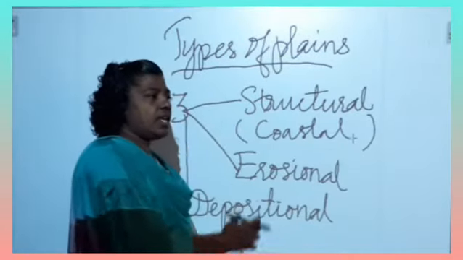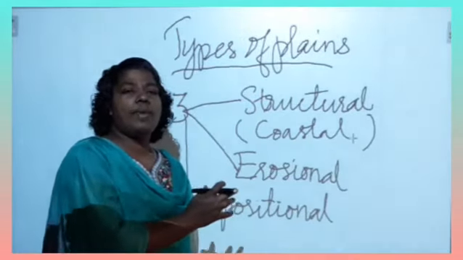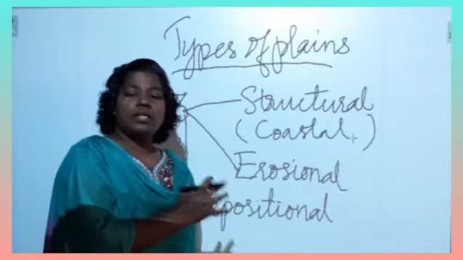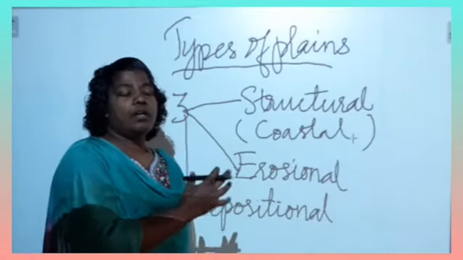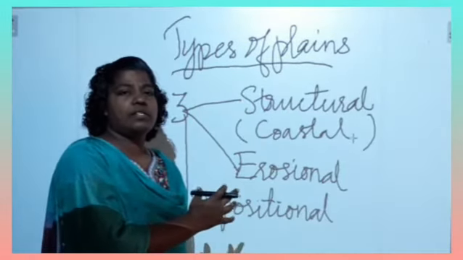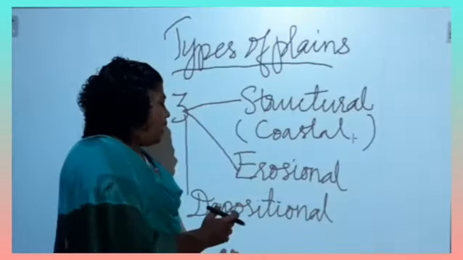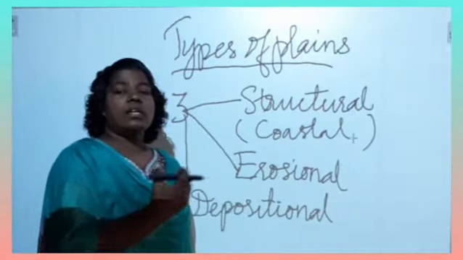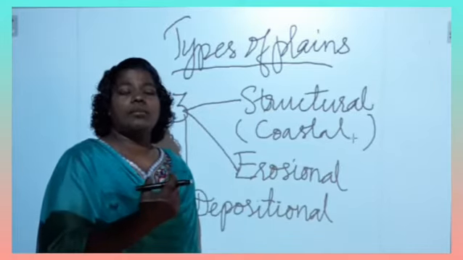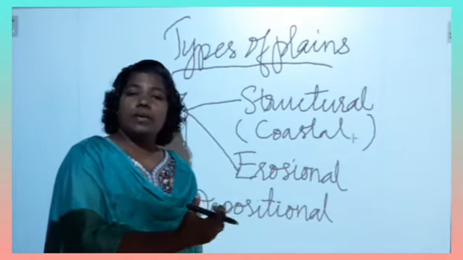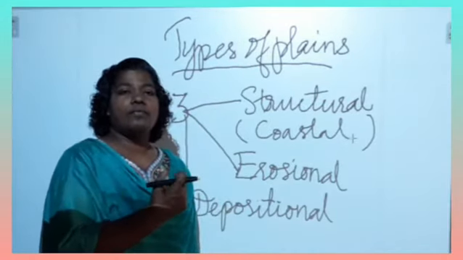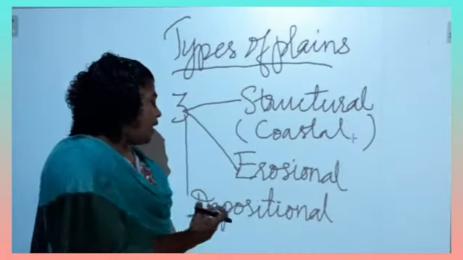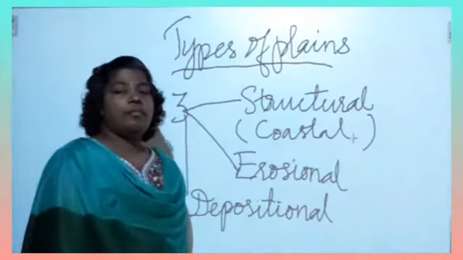These erosional plains will also be rich, the soil will be rich with minerals. Why? Because it is carrying different materials, minerals from the hills, the mountains and the plateaus. And the next one is depositional plain.